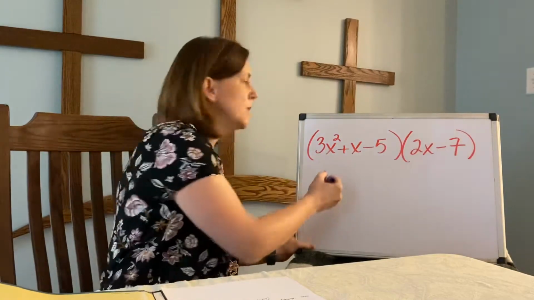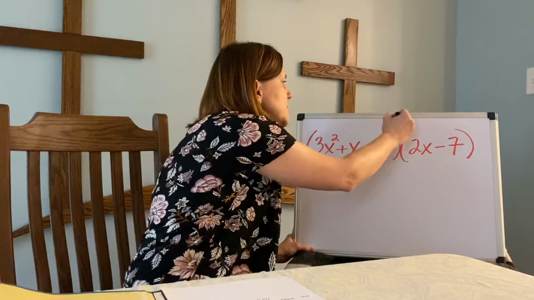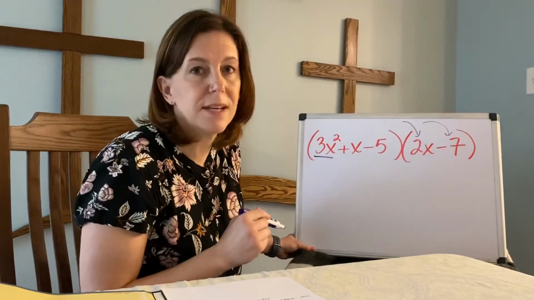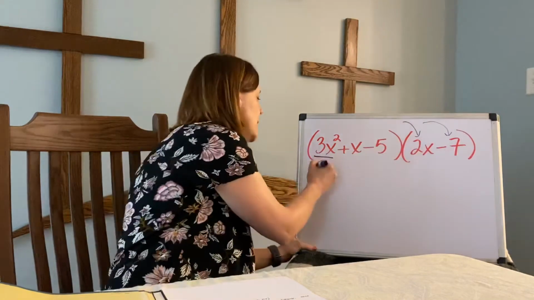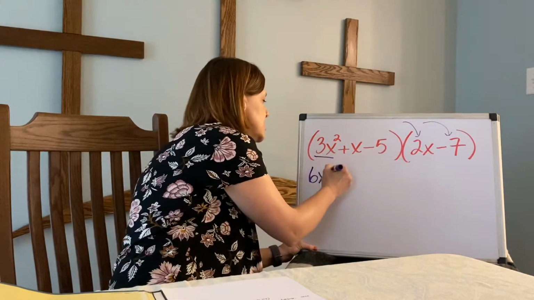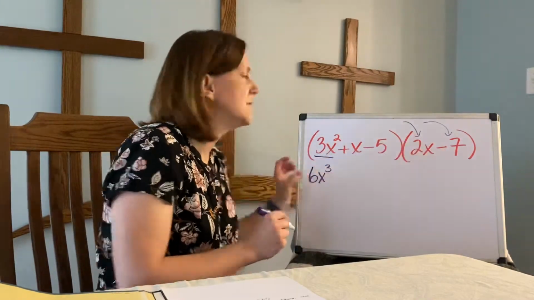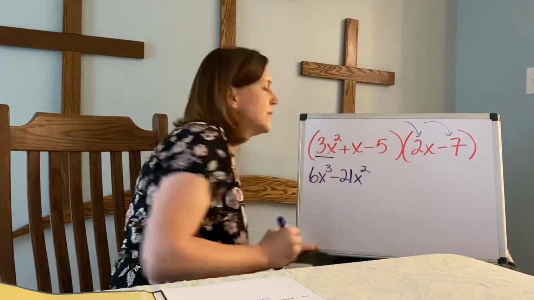The first thing I'm going to do is look at my first term, 3x squared, and multiply it by both of the terms in my second quantity. So 3x squared times 2x gives me 6x cubed. 3x squared times negative 7 gives me negative 21x squared.